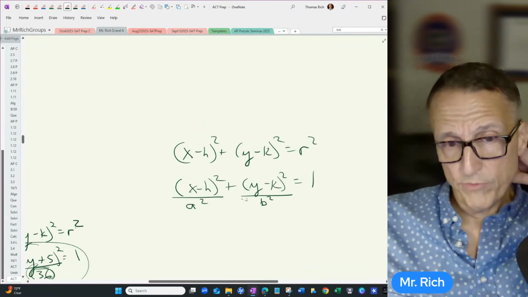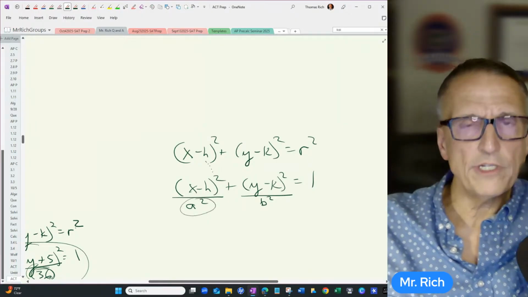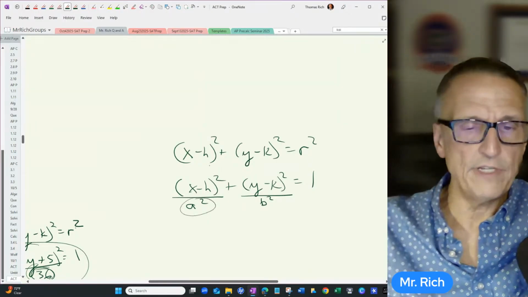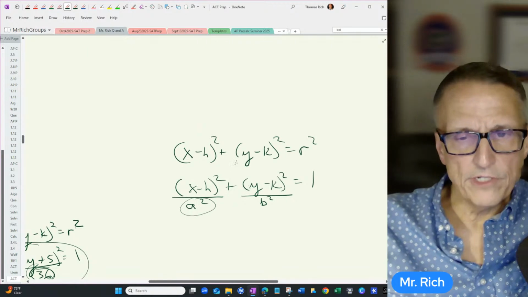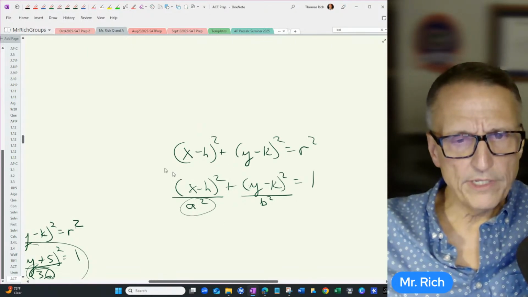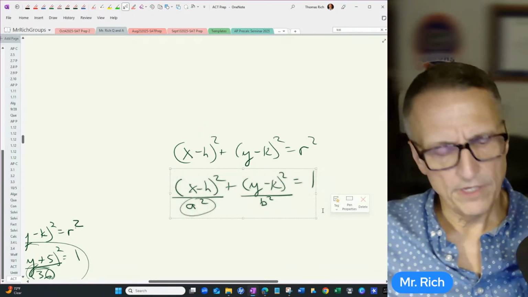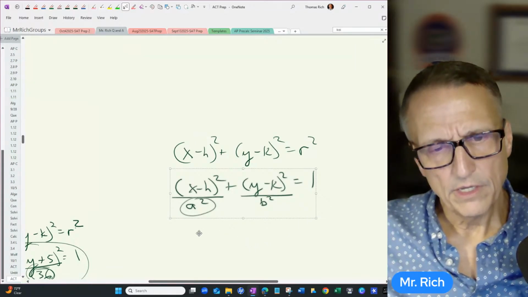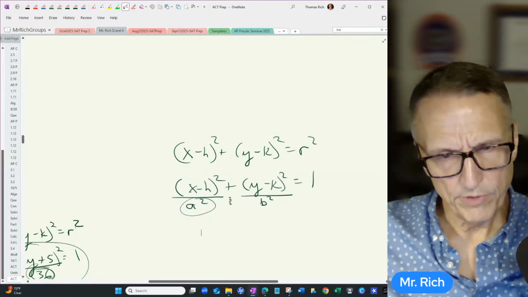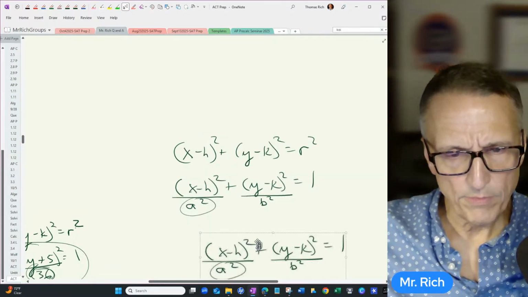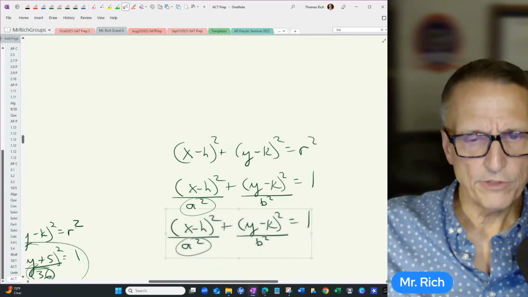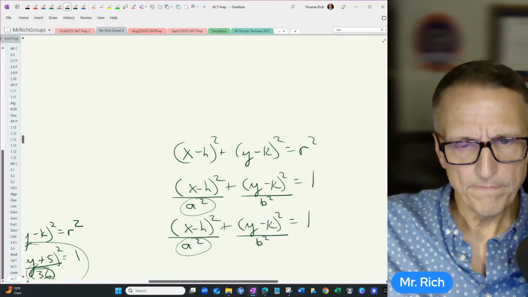And the square root of this number will give you the horizontal distance from the center out to the edge of the ellipse. The only difference then between the equation of the ellipse and the hyperbola is the fact that there's going to be a minus right here.